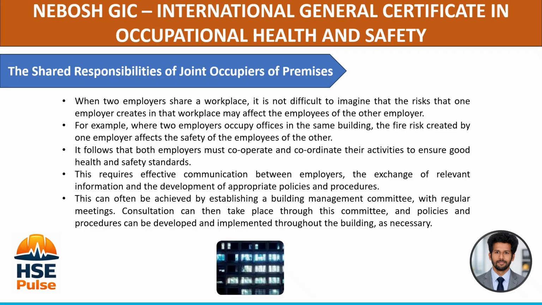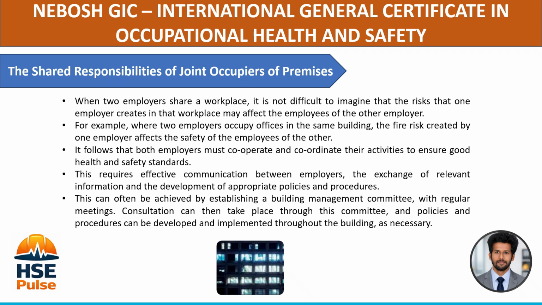For example, when two employers share an office in the same building, the fire risk created by one employer affects the safety of the employees of the other also. It follows that both employers should cooperate and coordinate their activities to ensure good health and safety standards. This can be done through effective communication between employees, the exchange of relevant information, and the development of appropriate policies and procedures, etc.